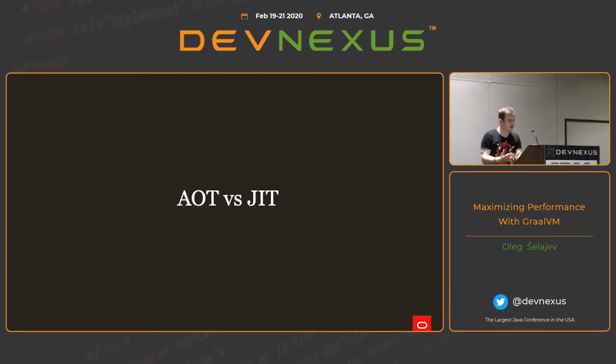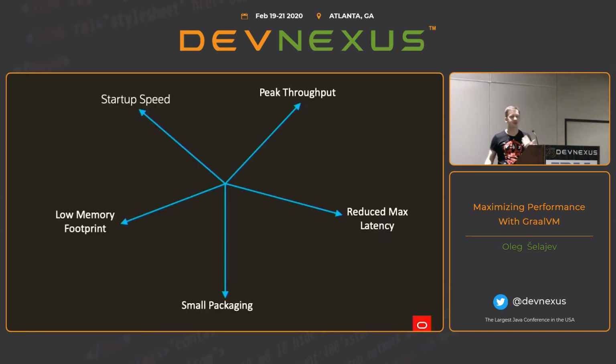So GraalVM can do both JIT and AOT, and it comes with a performance trade-off, with different performance characteristics. So you can pick what you want. Typically, when people talk about performance, they talk about different things, and it's actually very confusing. When somebody tells you that something is fast, you never know what they actually mean.